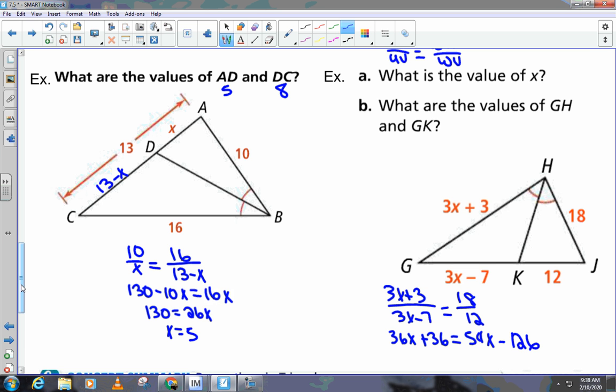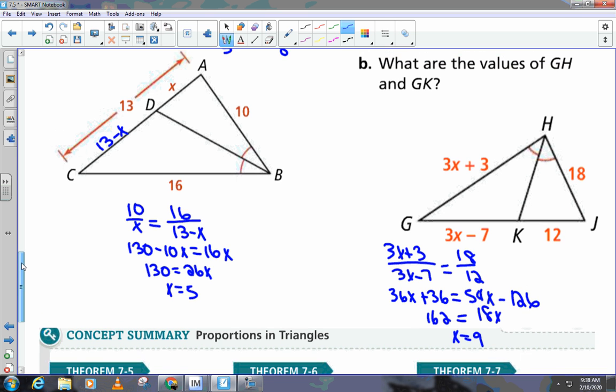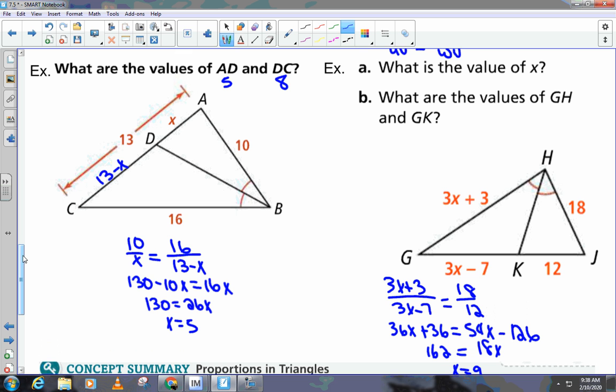So we would subtract 36 and 54, which is 18x, and then add 126 to both sides. 162, and then divided by 18, and so x ends up being 9. So x is 9. That answers part A.